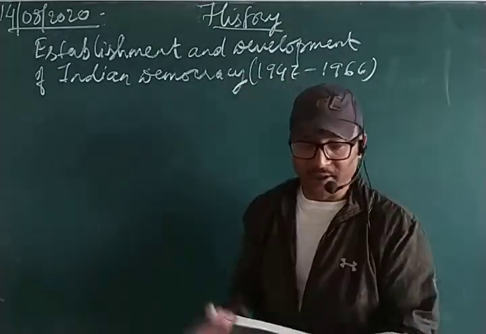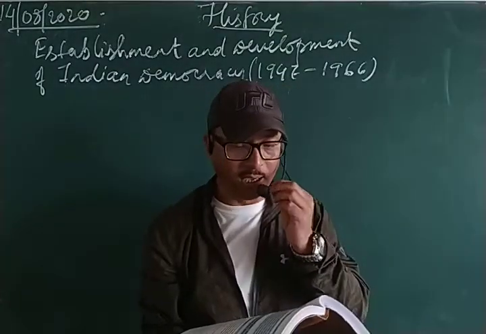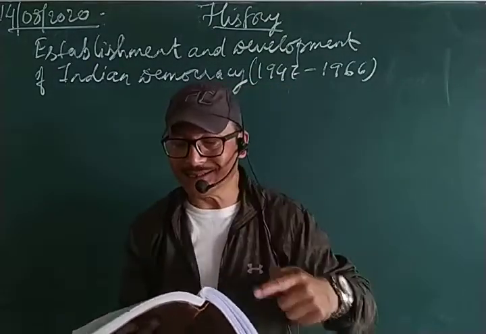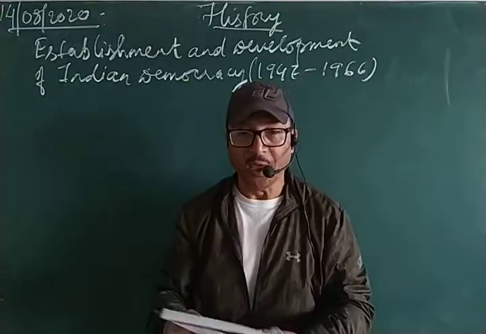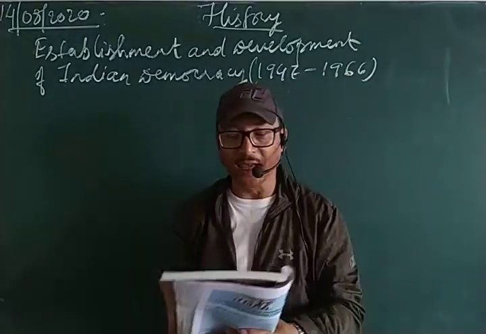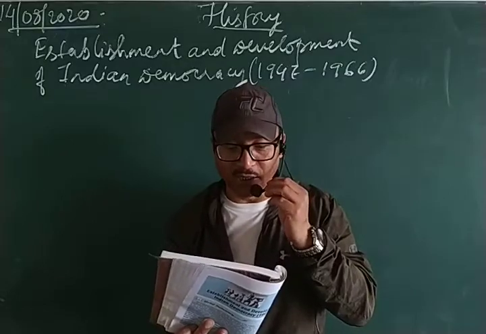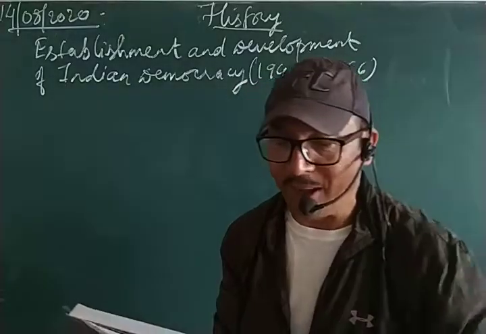Before the development of democracy, let's see what problems India had to face after independence. You know very well, in the year 1947, India was divided into two, India and Pakistan.